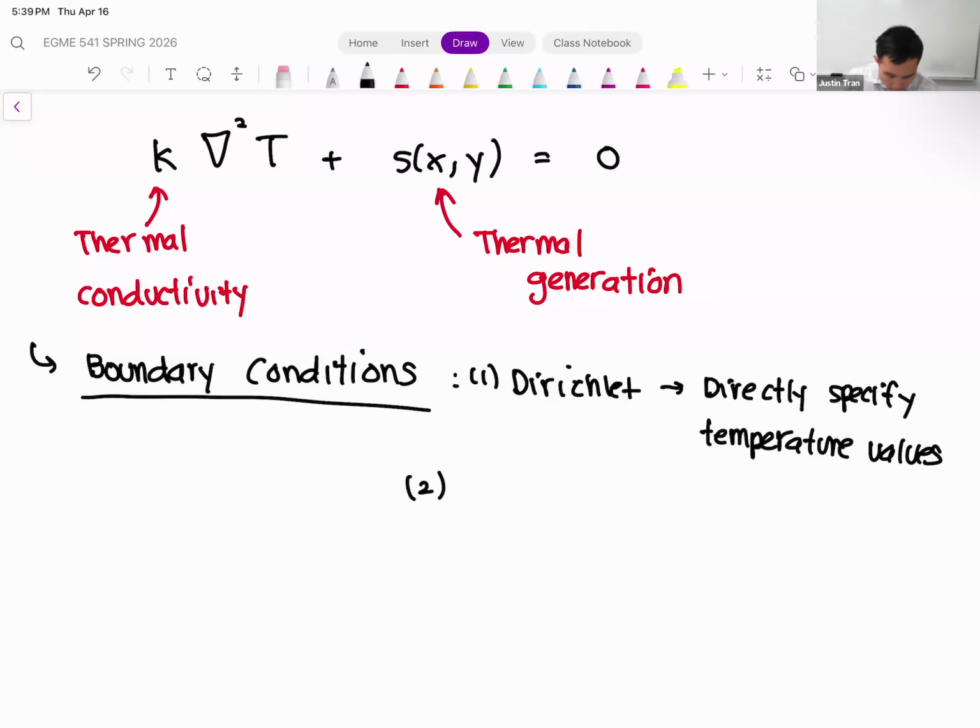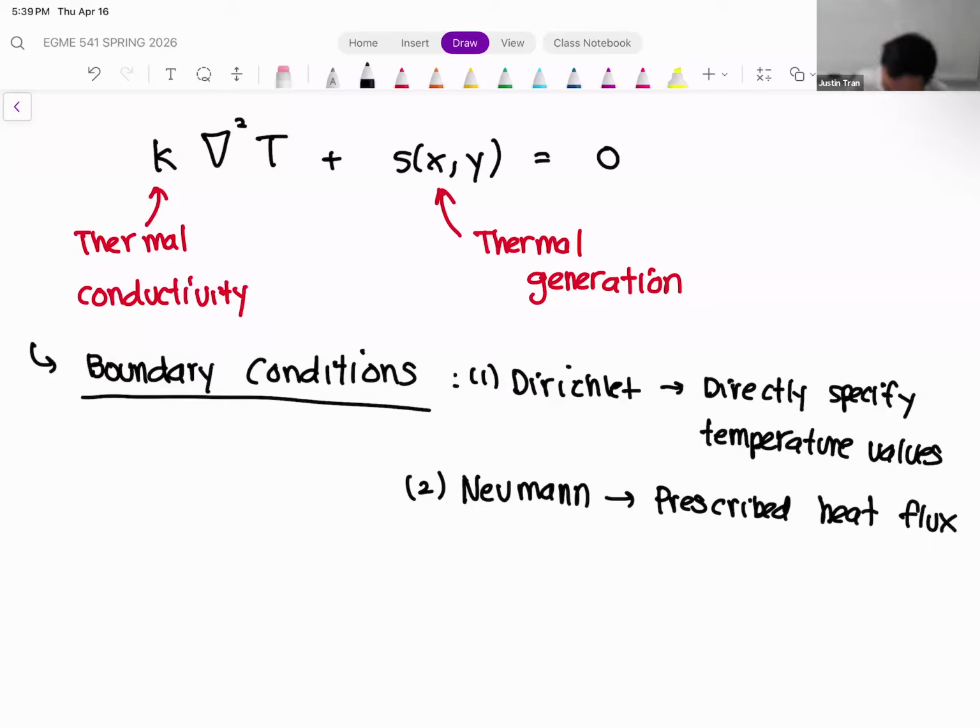Now for the Neumann boundary conditions. Neumann boundary conditions for heat transfer problems like this take the form of a prescribed heat flux. The mathematical form for the Neumann boundary conditions does change a bit because of the 2D.